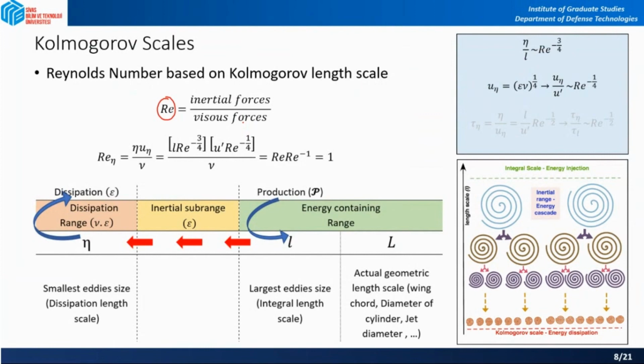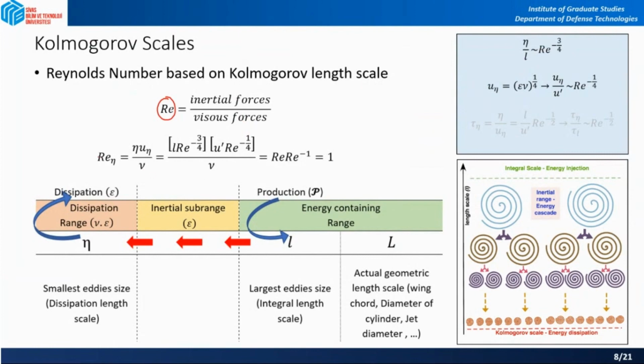Now, if viscous effects, I mean the frictional effects, are very dominant, this means that the Reynolds number associated with the smallest eddies should be very small. How much is it? Actually, we can define the Reynolds number for the smallest eddies in the domain.